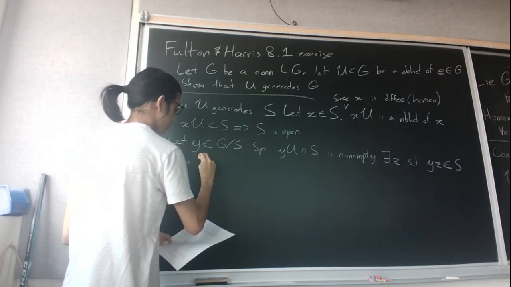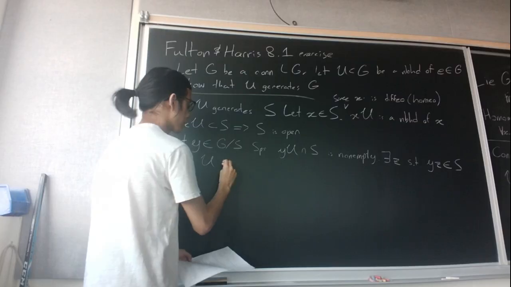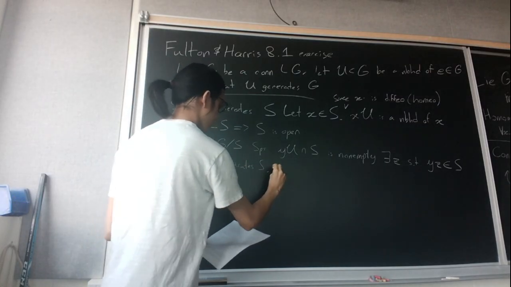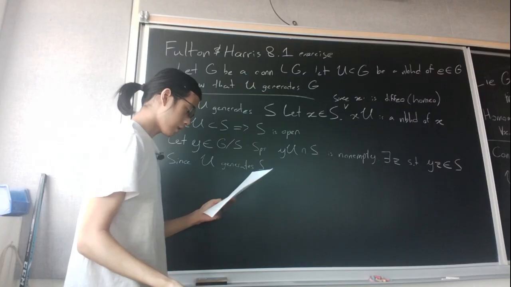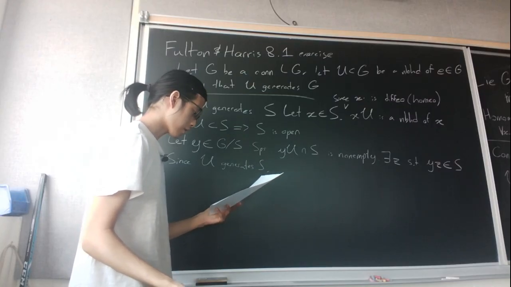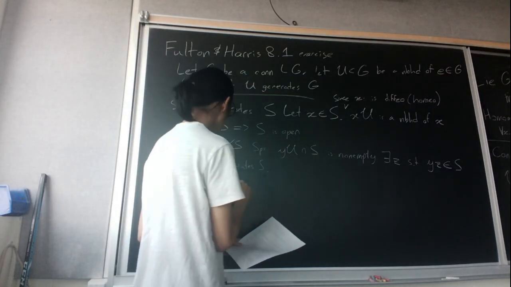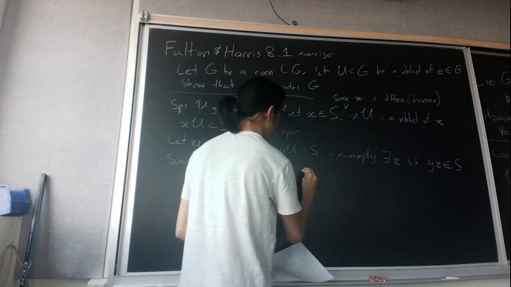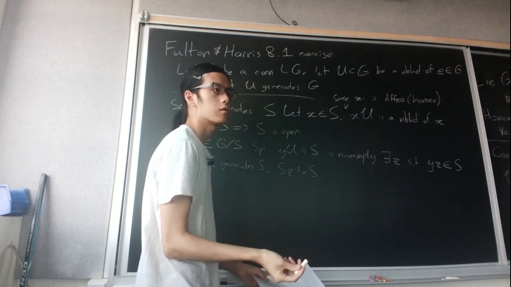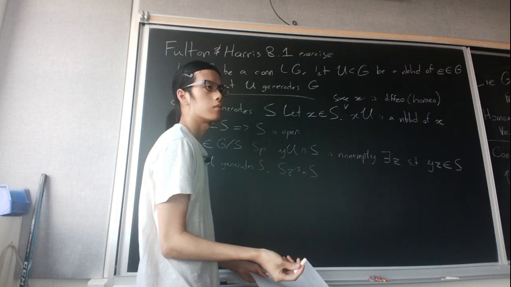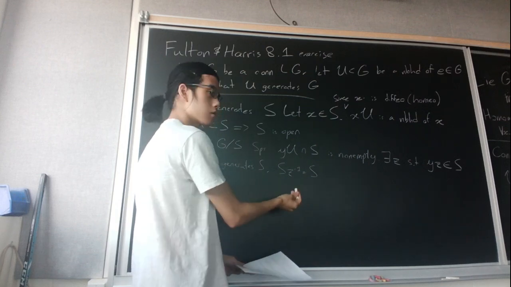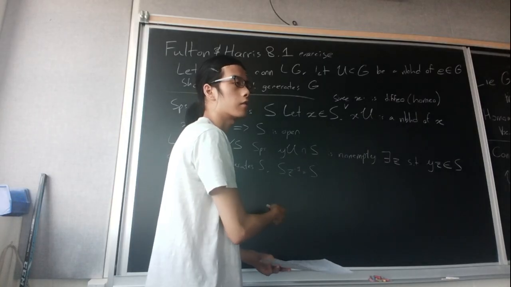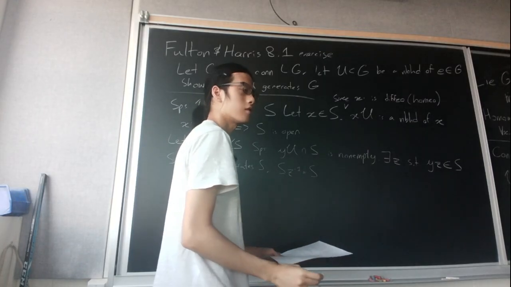Since U generates S, S times the inverse of Z is still just equal to S. Does that make sense? Because you just multiply by a thing inside of it, and groups are closed.